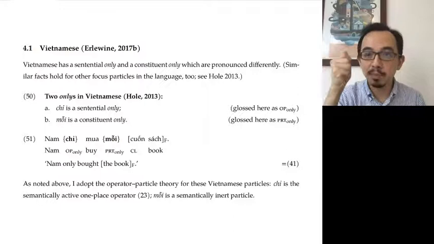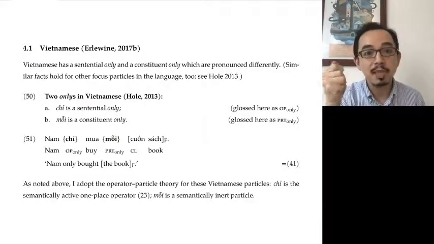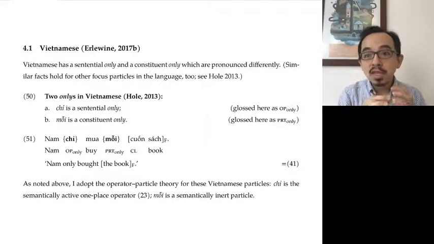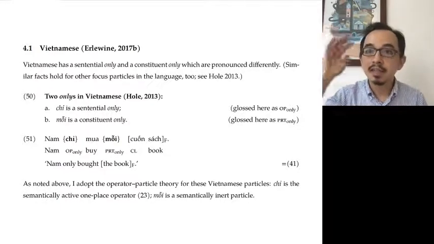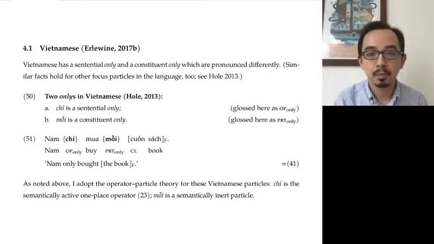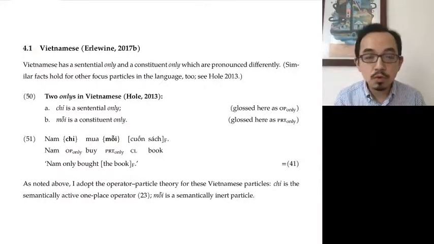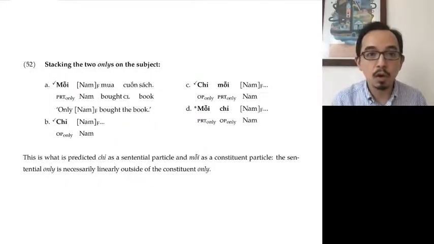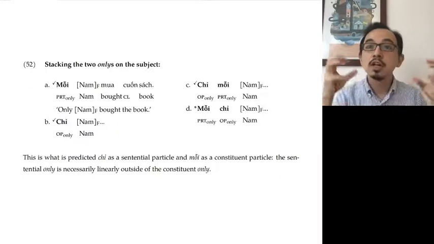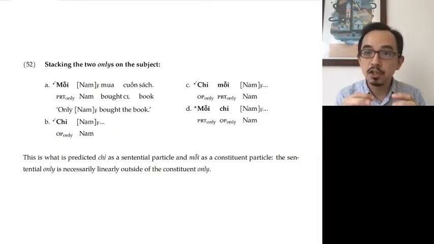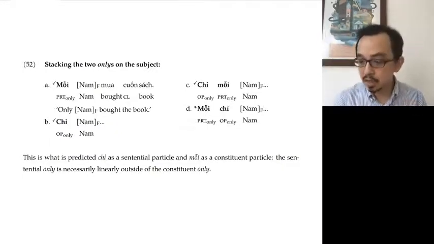Chỉ is actually the position of the semantic operator, and mới is just some morphosyntactic flag that says I am near an overt or covert chỉ sentential operator. I'll give you an additional piece of evidence for this description, in terms of mới being a constituent particle closer to a focused constituent and chỉ necessarily being on the clausal spine.